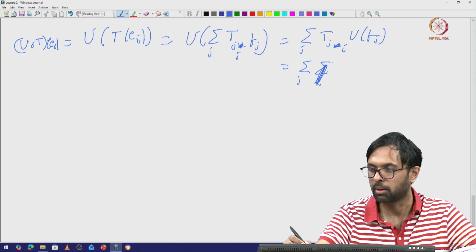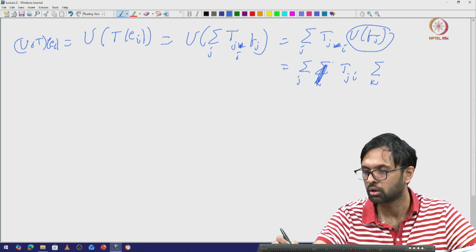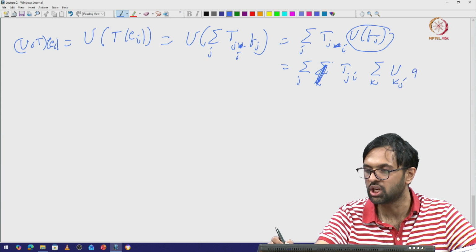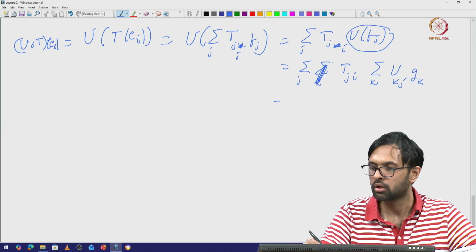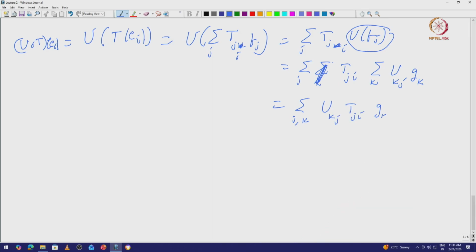Maybe I'll write it like this, and then what is U of F_j? It's a linear combination of the G_k's, right? So if I put these together, basically it is U_kj T_ji G_k.